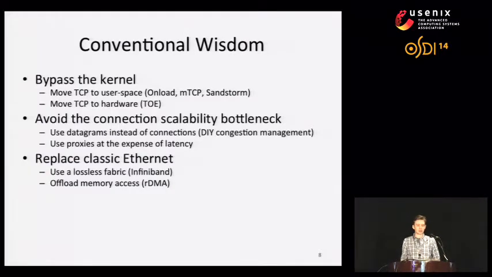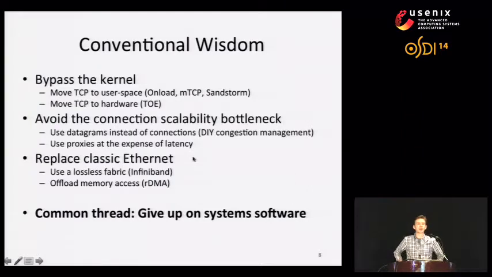And so we could use something like UDP, or maybe we could use some sort of a proxy as an intermediate layer. And then finally, we could give up on Ethernet altogether. We could use some lossless fabric like InfiniBand, and we could support some advanced hardware features like RDMA. And the common thread in all three of these areas is that they're looking for various ways to bypass or work around system software.